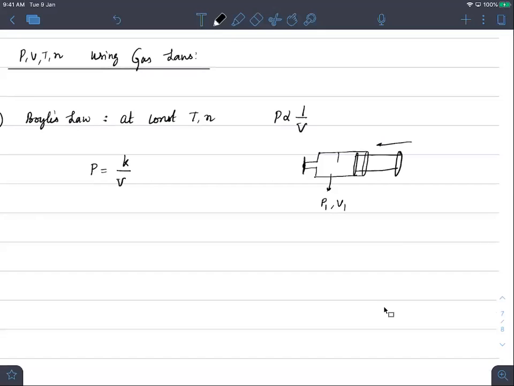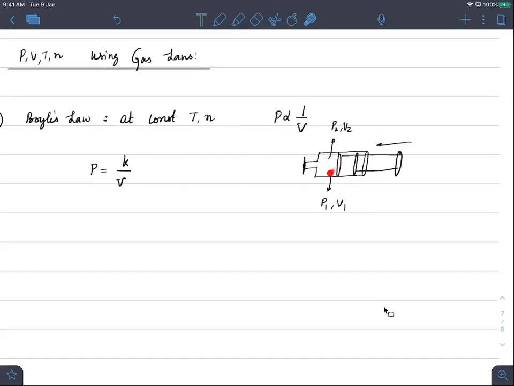After compression, let's say the piston has come to this point. Now the new pressure is P2 and volume is V2. See, temperature has not changed, neither have I heated anything, nor released any moles. The gas is intact, it was not moving out of the system. So the number of moles is constant. In this type of system where temperature and number of moles are constant, I can relate pressure as inversely proportional to volume, which you will experience now.